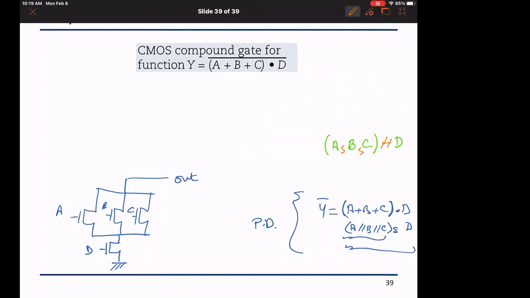We will have A series to B, series to C. And then this whole block will be parallel to one transistor, which is D. Okay, so this is D, and the whole block is in parallel. I finished my pull-up network. This network should be between VDD and out. Okay, so this is how we draw our circuit.